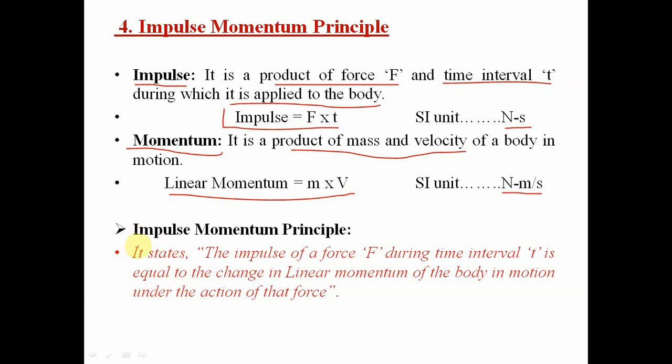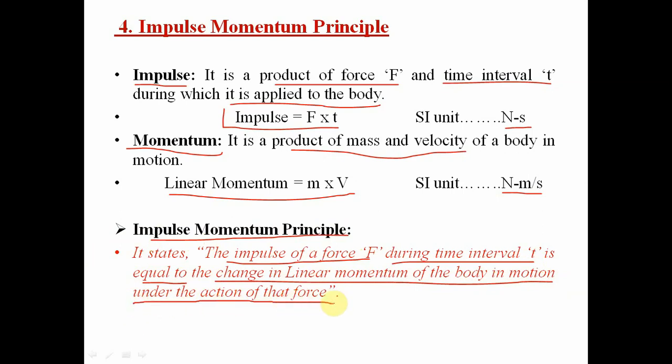Now the impulse momentum principle. What is the statement for the impulse momentum principle? The impulse of force F during time interval t is equal to the change in linear momentum of the body in motion under the action of that force. Understand? Again, I repeat the same statement.